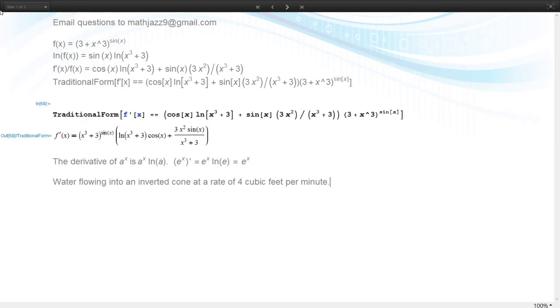Inverted will mean that the point is down. That'll actually make the math quite a bit easier. If the point were on the top, it would be a slightly more complicated problem, but this way is easier.